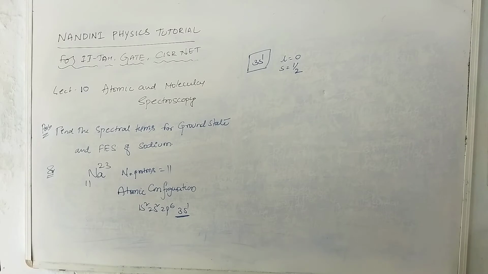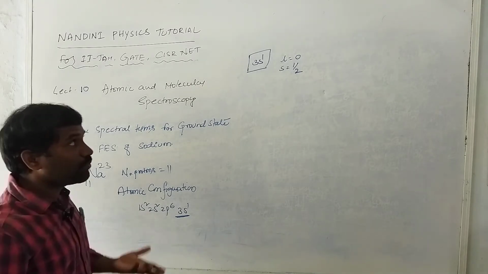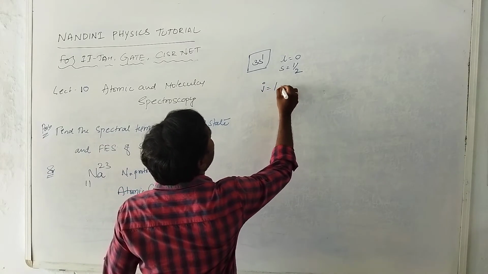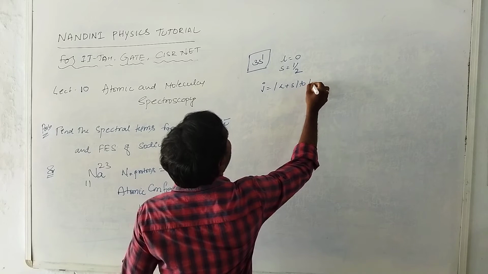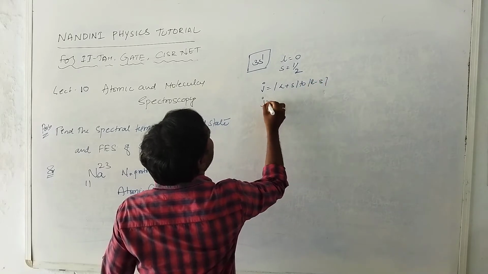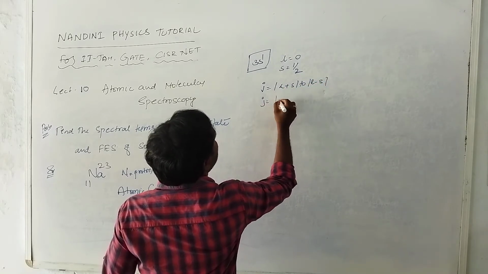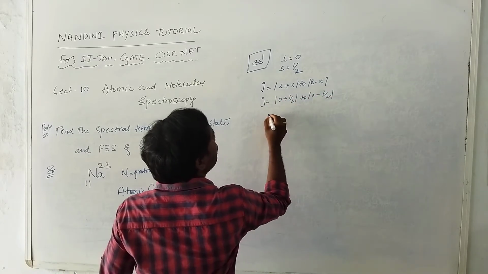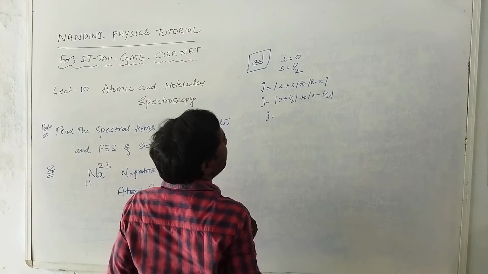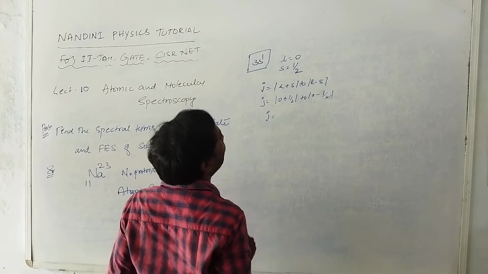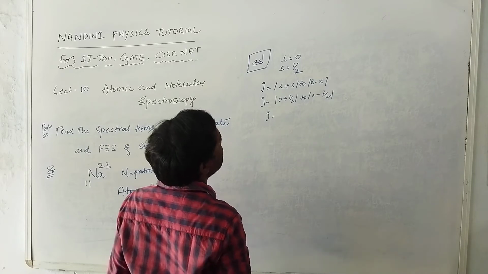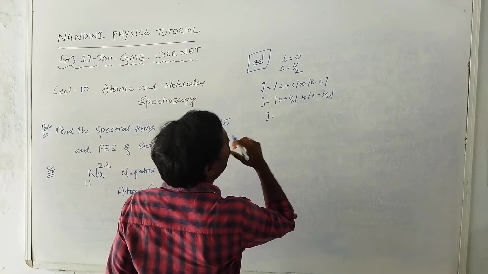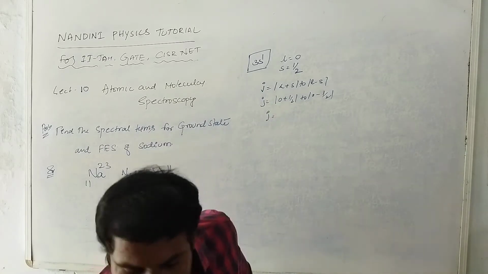First we want to find the corresponding J value of this state. J is equal to L plus S down to L minus S. L is 0 and S is half, so only one value comes, because S is not splitting.